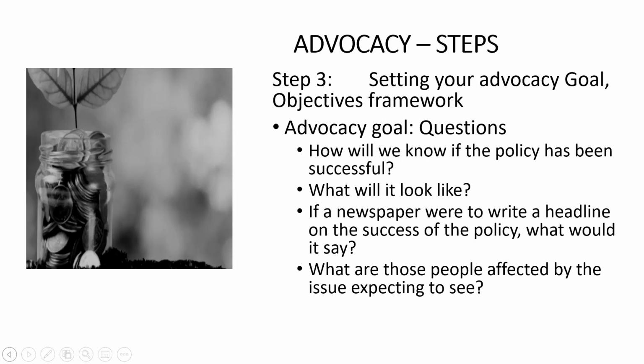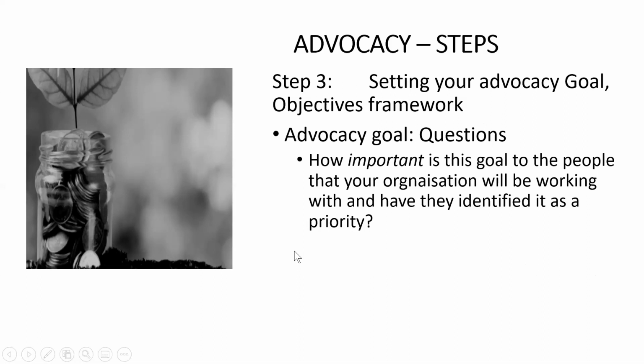If a headline was to be written, what would it actually look like in terms of the success of your advocacy policy? As well as, who are those people? Are those people who are going to be affected by the issue? What is their expectation of what you're likely to be doing?